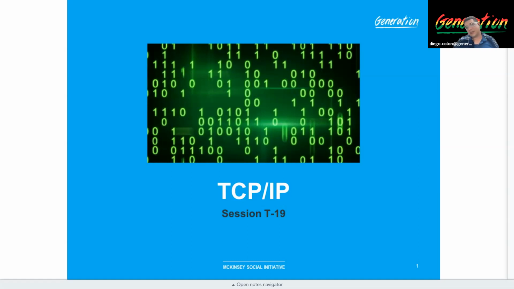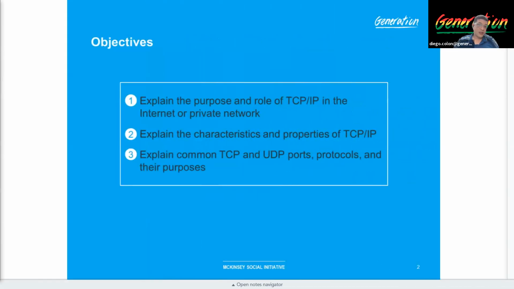By the end of this lesson, the ultimate goal is to learn and explain the purpose and role of TCP/IP in the internet and the private network itself, the characteristics and properties of TCP/IP, and explain the TCP and UDP ports, protocols, and their overall purposes. We have to understand exactly how TCP/IP plays its role in basic communication protocols.